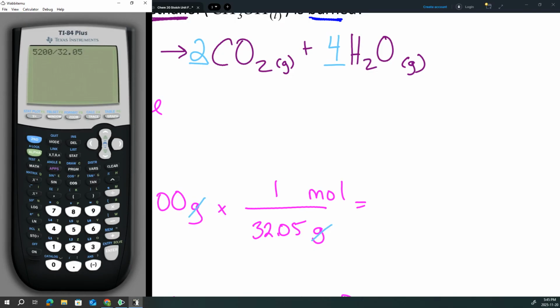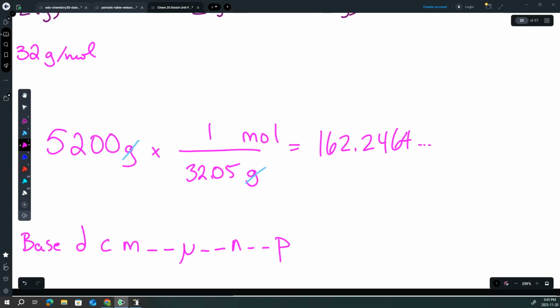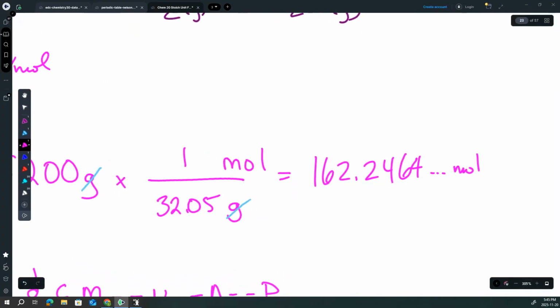If you want to write the times 1 and then divide by 32.05, you can, but this will get you the same answer. So we got 162.2464, goes on forever. And this is our moles of methanol.